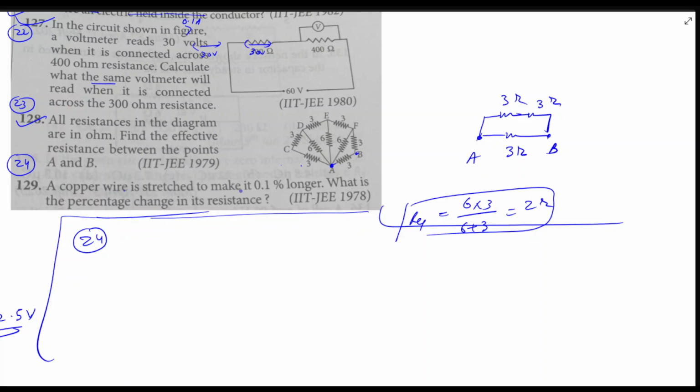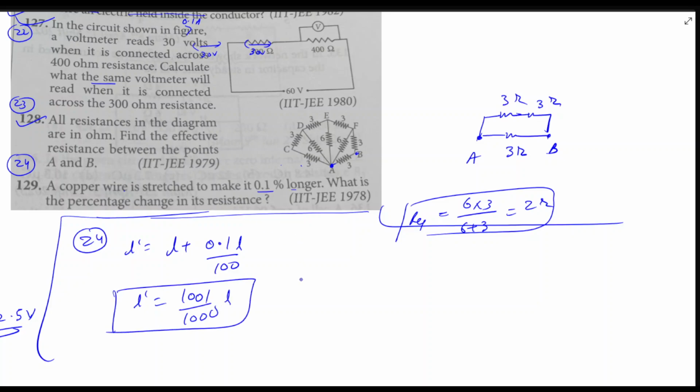a copper wire is stretched to make it 0.1 times longer. So L dash will be L plus 0.1 L upon 100, so L dash will be 1001 upon 1000 L, right?